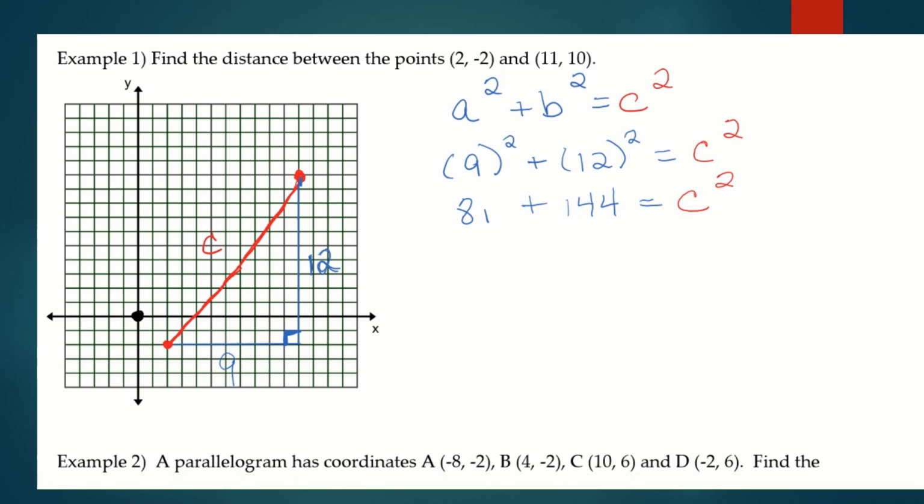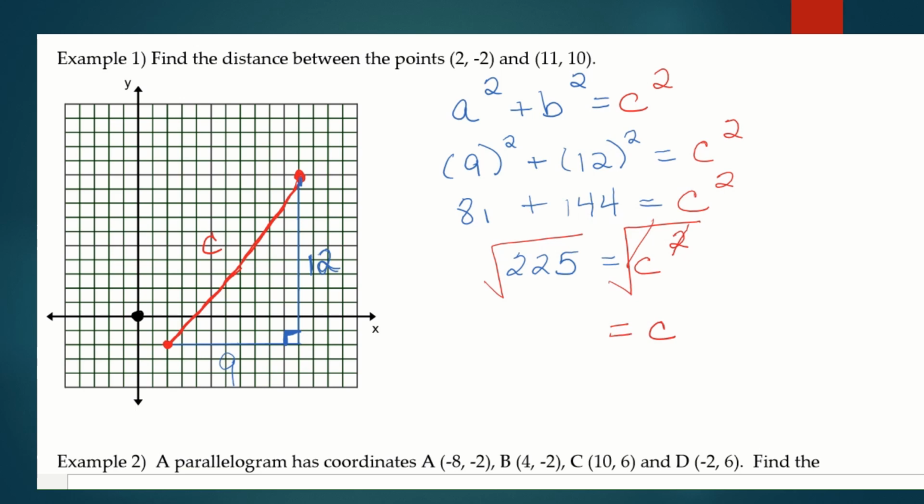All right, adding together 81 and 144 is 225, which gives me c squared. And to get the value of just c, so to undo that squared term, I'm going to square root both sides. So the square root undoes the squared term, leaving me with just c.